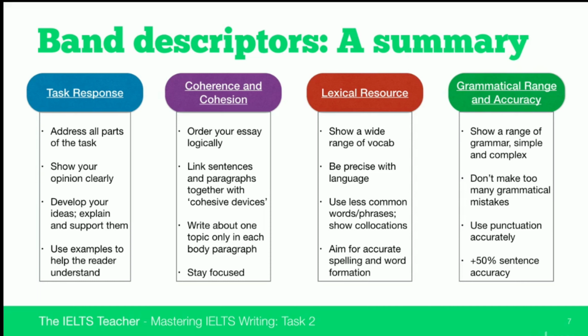So each of the lessons in this course is designed to help you achieve Band 7 according to the band descriptors, and we will be looking at some skills which are not mentioned in the band descriptors but will inevitably help you as well. So let's continue with the course and find out exactly how we can achieve Band 7.